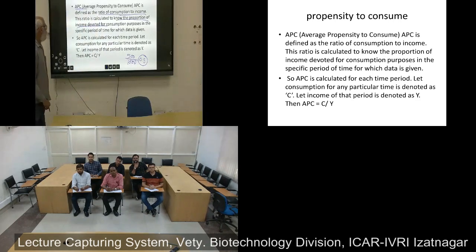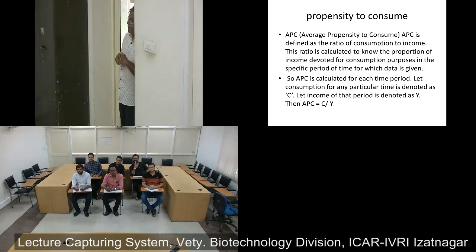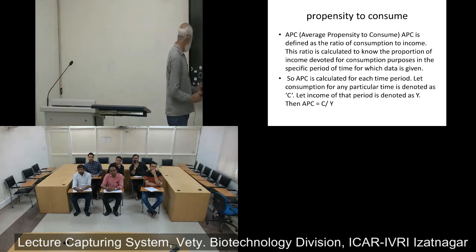You have to notice that this APC is calculated for each time period. It is not the average of monthly or yearly values, so it is defined for a particular time period.